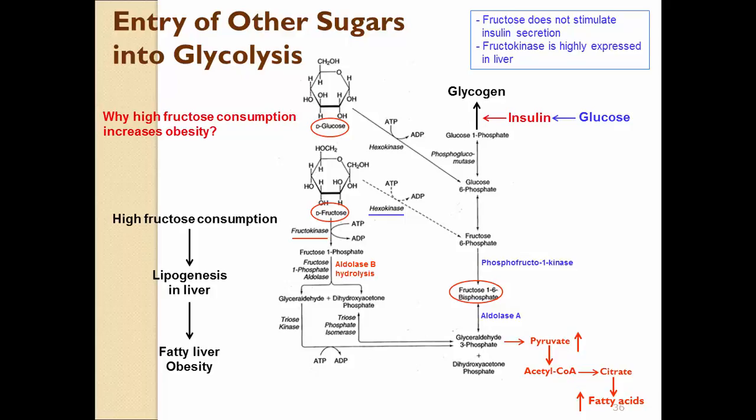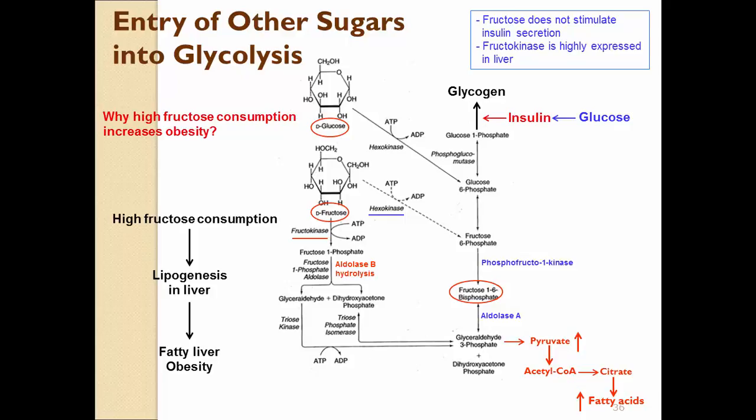So when you absorb a lot of glucose from the diet, glucose is also able to stimulate insulin. One of the important functions of insulin is to stimulate glycogen synthesis from glucose, right?